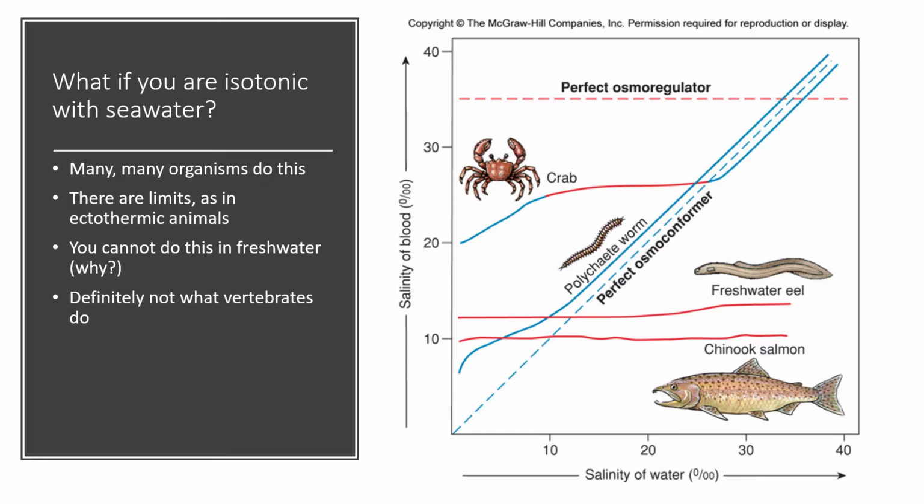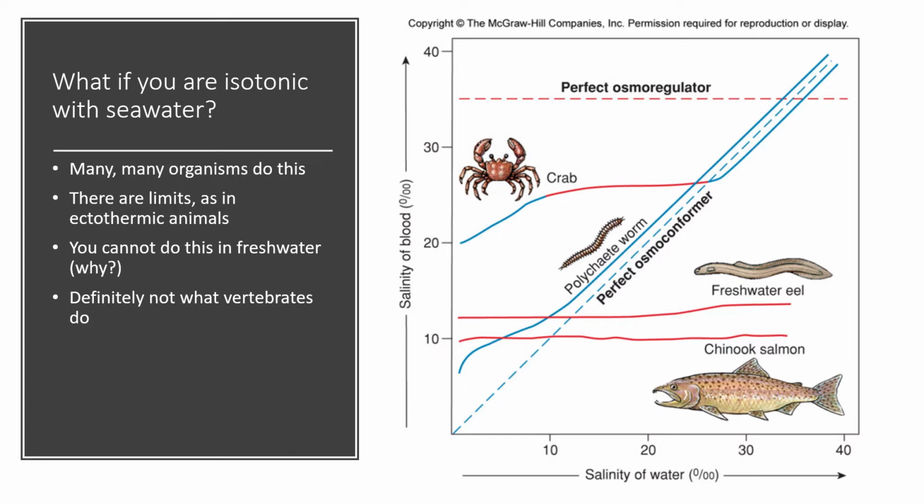So if you look at the polychaete worm, which shows a really strong osmoconformer relationship once the salinity of the water gets high, you'll notice that at very low salinities, it actually does regulate its osmotic levels to some degree. Conversely, crabs, or at least this crab, because it varies by different crabs, has a really strong control of its osmotic regulation, internal regulation, up to a point, at which point it adopts a complete osmoconformer.